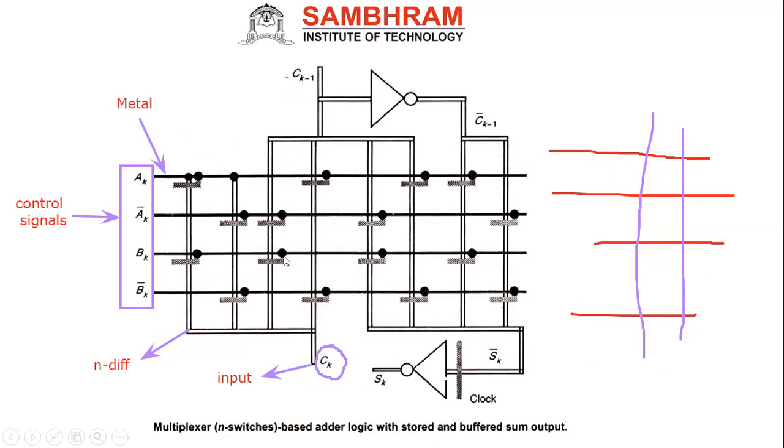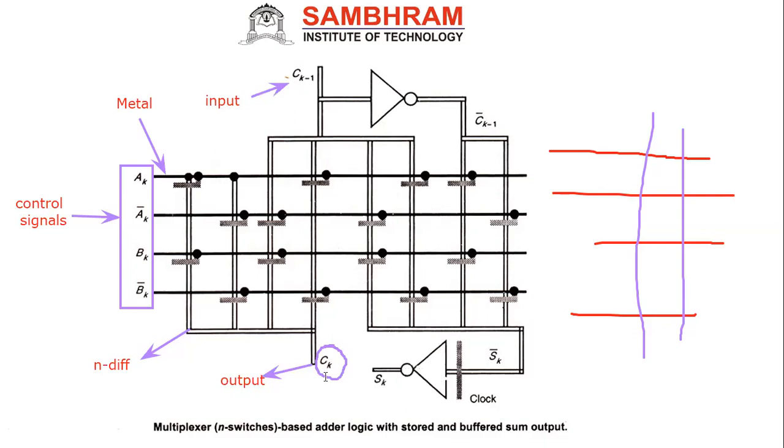CK is your output, C out. Where is the input? The input is here. Sorry, we made the mistake. This is the input, CK minus 1, because it is the previous carry.